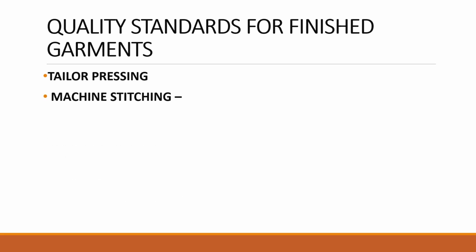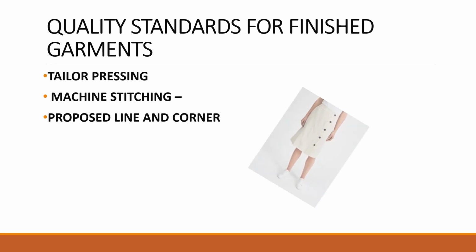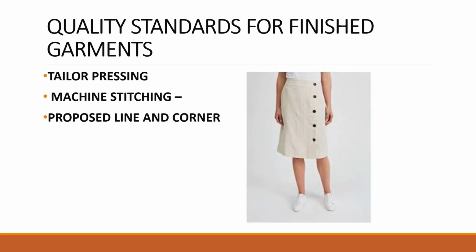The machine stitching we must also look into, and there must be a proposed line and corner, the line along which we should press the material. So pressing, then stitching at the required areas, and proposed lines and corners must be well defined in the garment when you are doing this stitching and pressing. Otherwise the fit property of the garment will be affected.